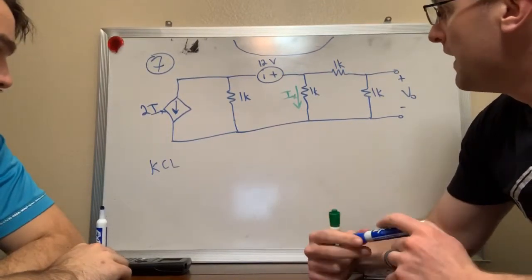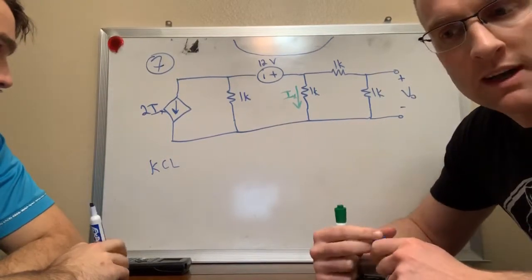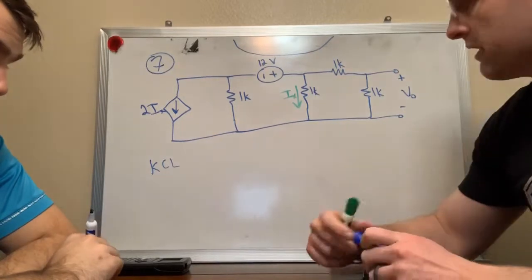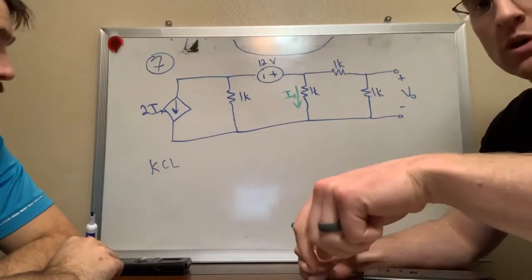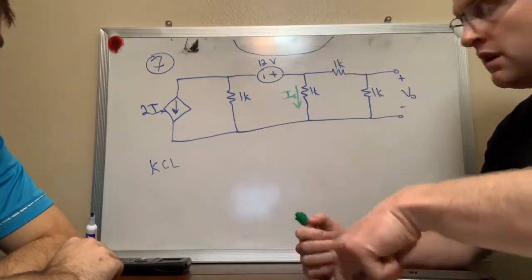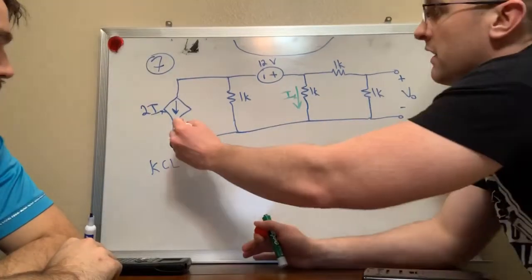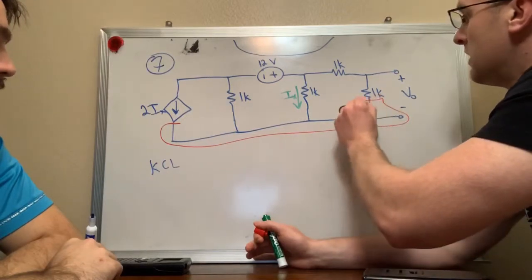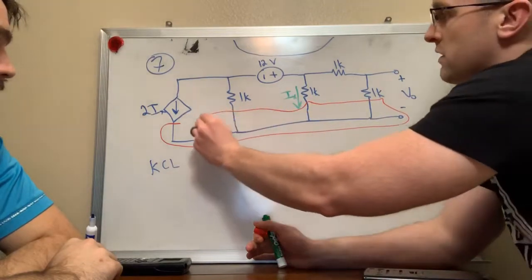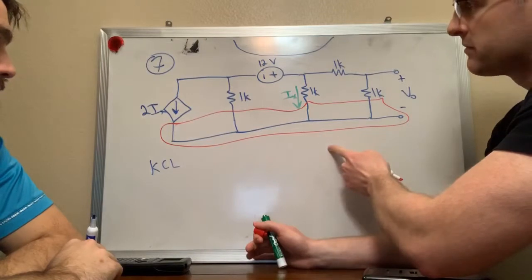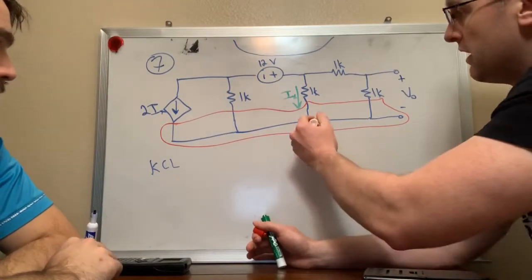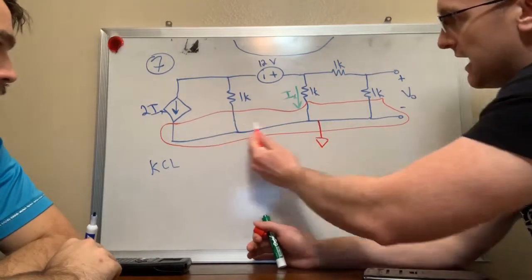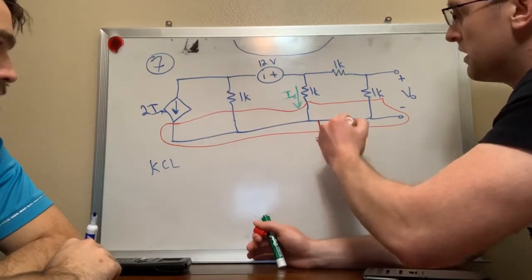A node is just a single piece of copper in a circuit. So a node has 1 voltage on it, right? If I were to point out the nodes in this circuit, this entire piece right here, that's 1 piece of copper, and it has 1 voltage on it. And if we put the ground symbol on it, then the voltage on this entire piece is 0 volts, right?